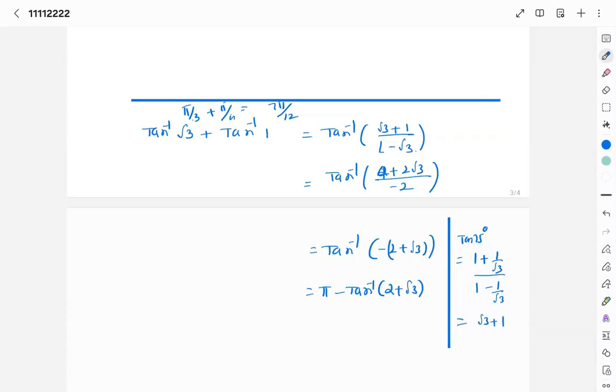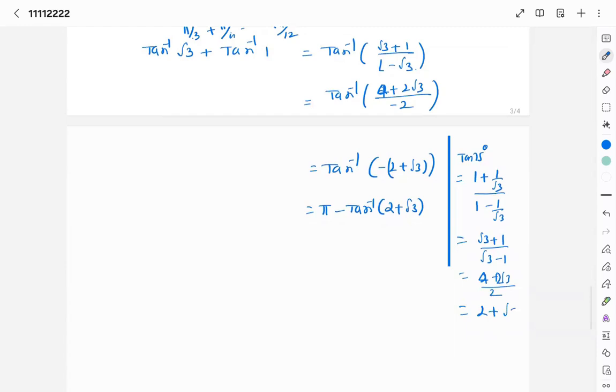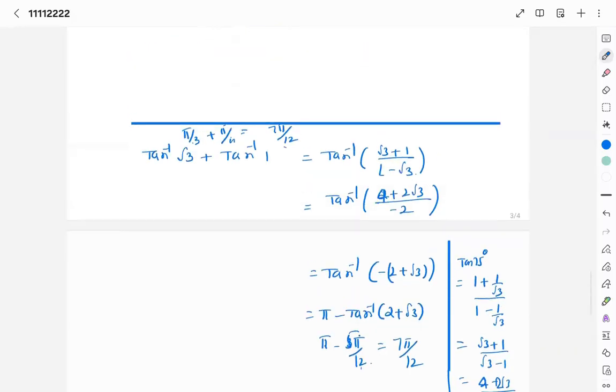Once you rationalize, you get 2 plus root 3, right? So it is pi minus 75 degrees, that is 5 pi by 12, 5 into 15. So subtracting, you get 7 pi by 12. So LHS and RHS are equal.